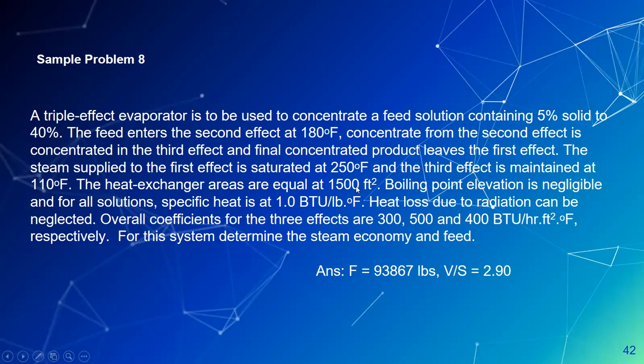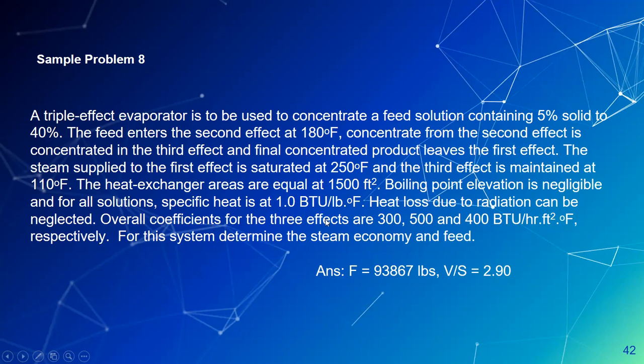These are the bundle of tubes where actual heat transfer occurs. Boiling point elevation is negligible, as I have pointed out, because you're dealing with a feed that is just 5% solids. And for all solutions, even though it is to reach 40% solids at most, you are to neglect the BPR. Specific heat is 1.0 BTU per pound degree Fahrenheit, the specific heat of water, and heat loss due to radiation can as well be neglected.